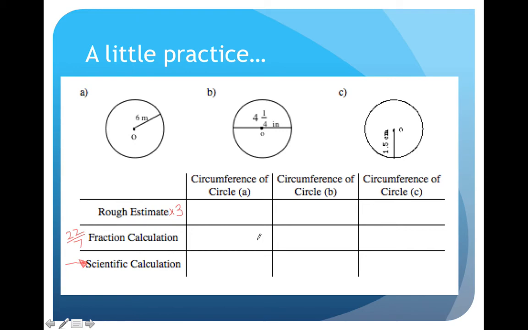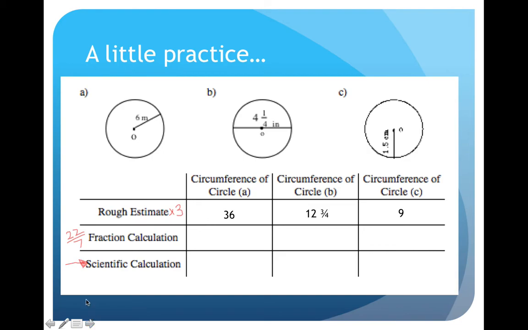Now that you've had some time to come up with your answers, I will go through and give you what you should have. So for letter A, you should have 36. For B, for the rough estimate, you should have 12 3/4 or 12.75. And for the last one, you should have 9.